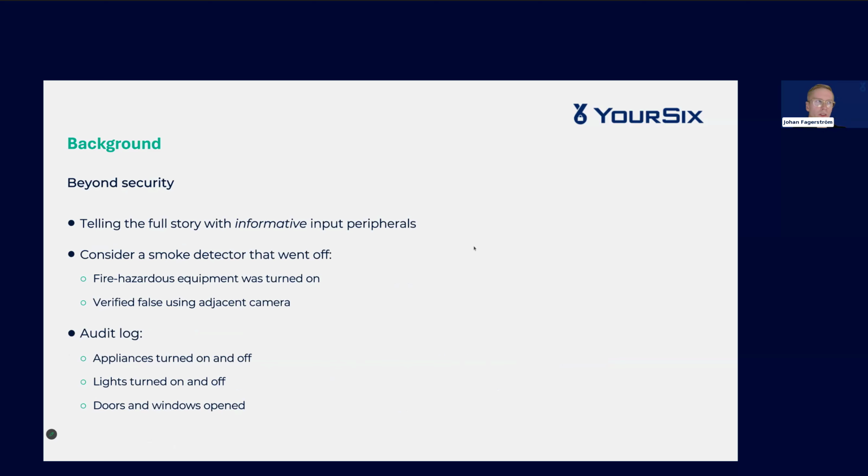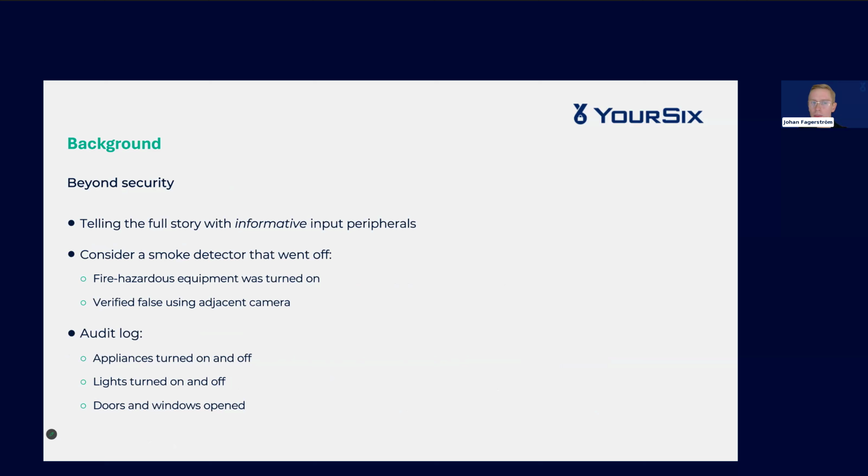The other reason why we're investing in peripherals is we want to go beyond security. And we believe that peripherals can help with telling the full story, especially if you use them as informative peripherals. Consider the smoke detector going off again.